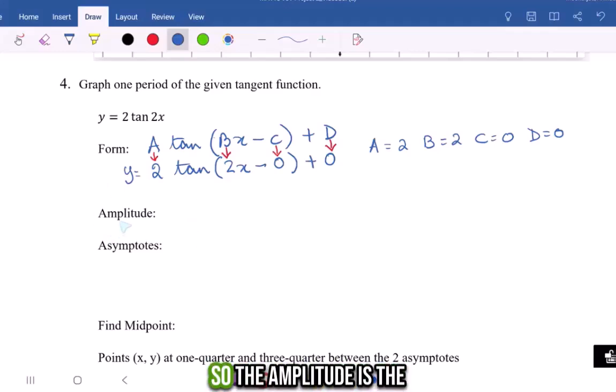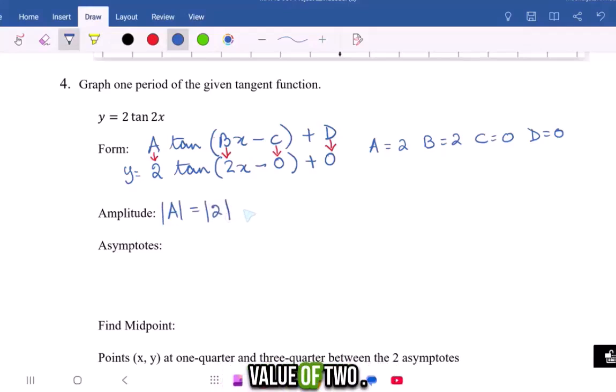All right. So the amplitude is the value of a. Let's write that. Amplitude is the absolute value of a. A has a value of 2, therefore absolute value of 2. Therefore, it is 2. Next is to identify the location of the asymptotes.